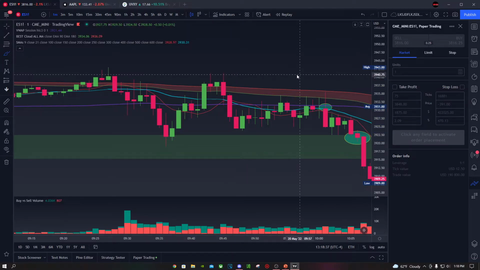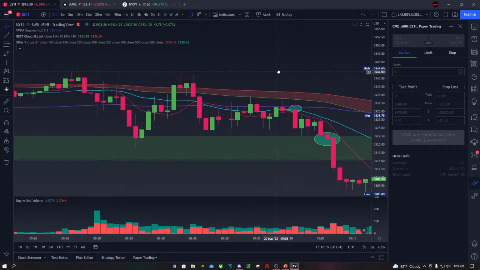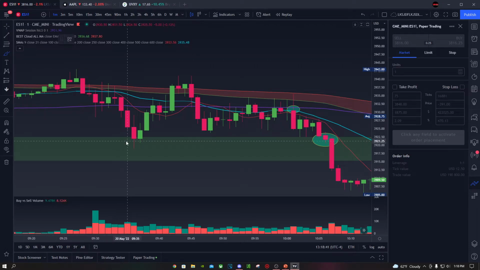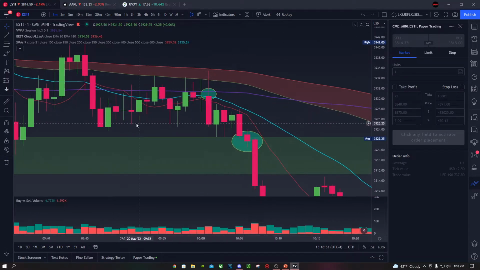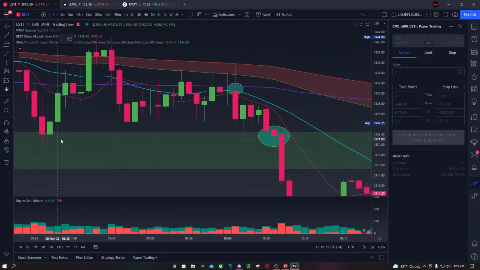Now when the price drops to this demand zone, that means there's passive orders getting filled. So the next time we come to this zone, which is right here, there is fewer passive buy orders because a lot of these passive buy orders got filled over here. These big institutions got filled over here, and now there's not as many orders here.